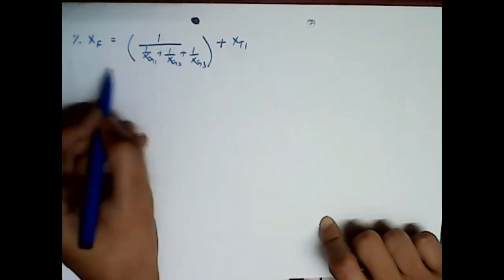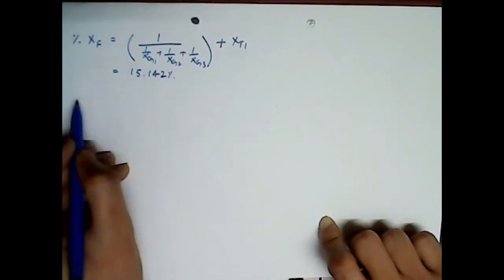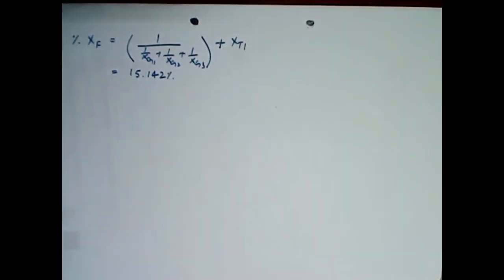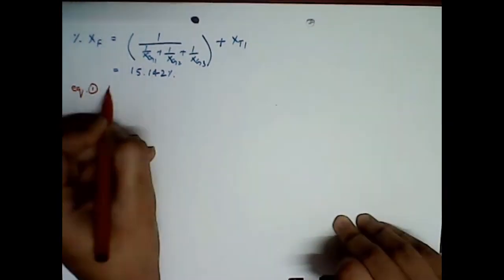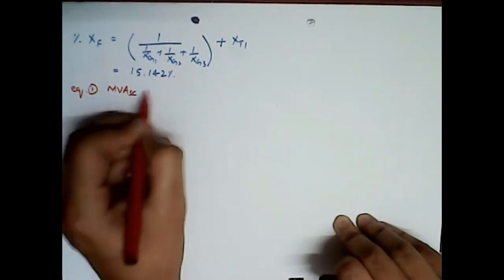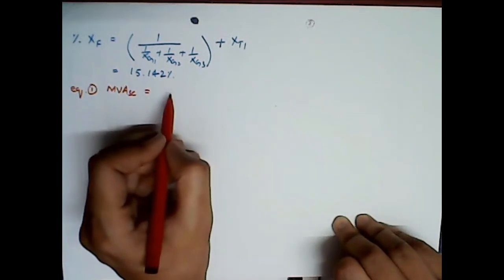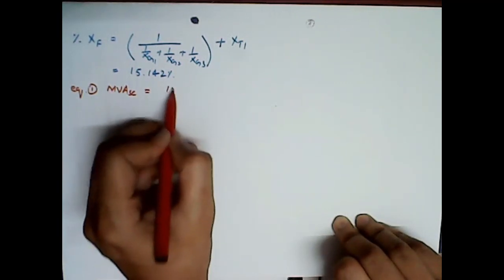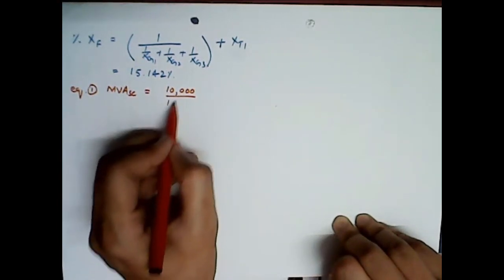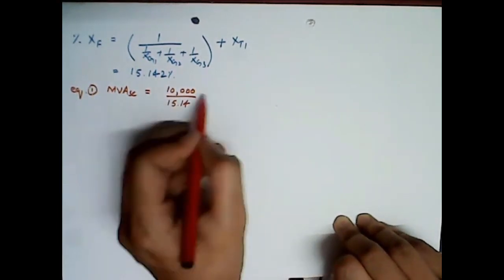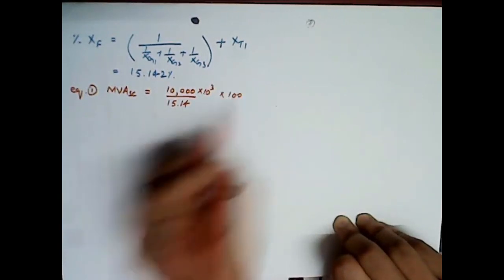When we solve it, this gives us 15.142%, and hence equation 1 gives us MVASC as 10,000 divided by 15.14, and since this is kVA, we need to add 10 to the power 3 also, times 100.